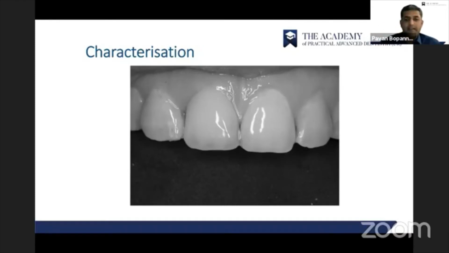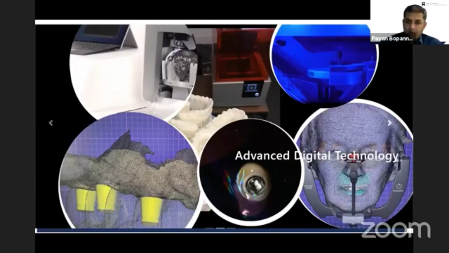Okay. So this is what I do in my practice. So pretty much 99.9% is digital. We don't take impressions. I don't print models either, even for full arch cases, as you can see, the one on the left-hand side. I don't print models at all. Okay.